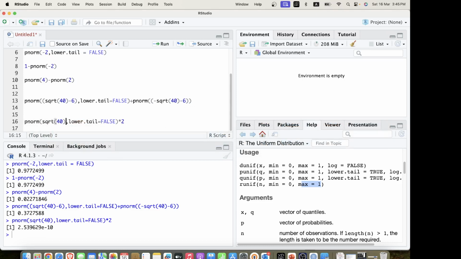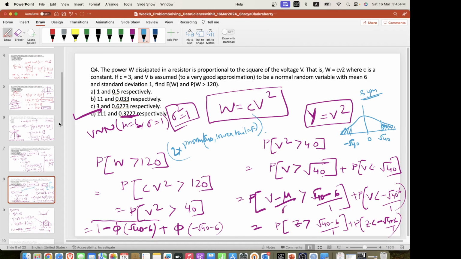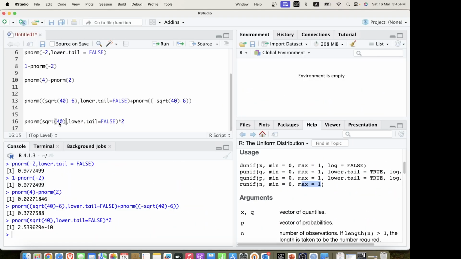Root 40 minus 6, sorry, it should be root 40 minus 6.